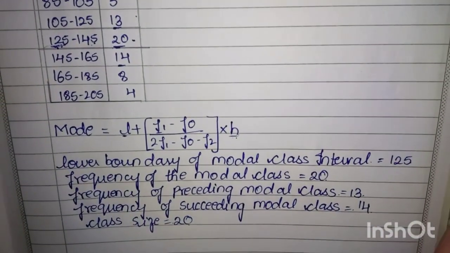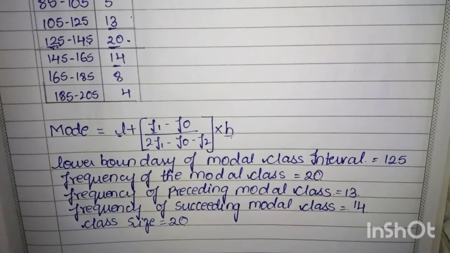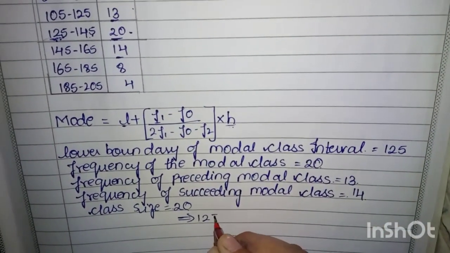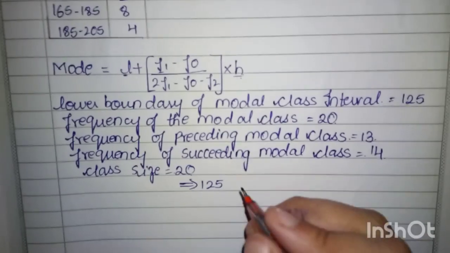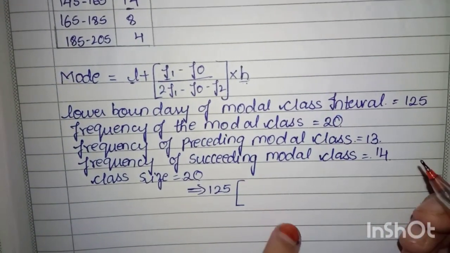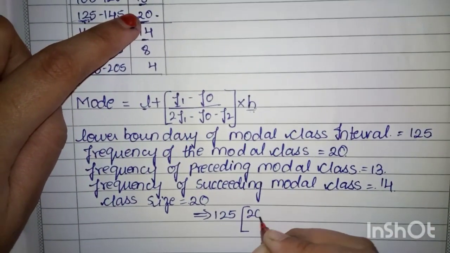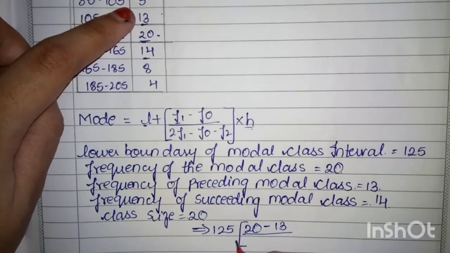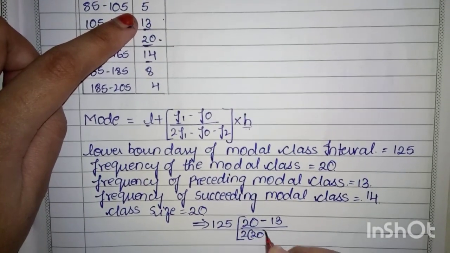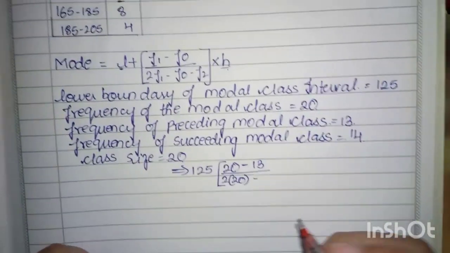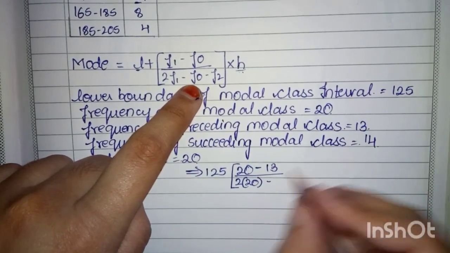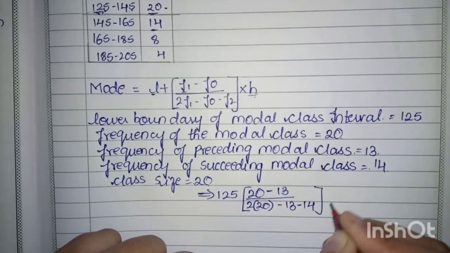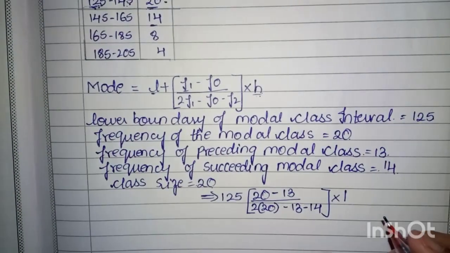Now we have to just substitute all these values into the formula. So on substituting, that is 125 plus F1, which is 20, minus F0, which is 13, by 2F1, which is 2 into 20, minus F0, which is 13, minus F2, which is 14, into H. H is 20.